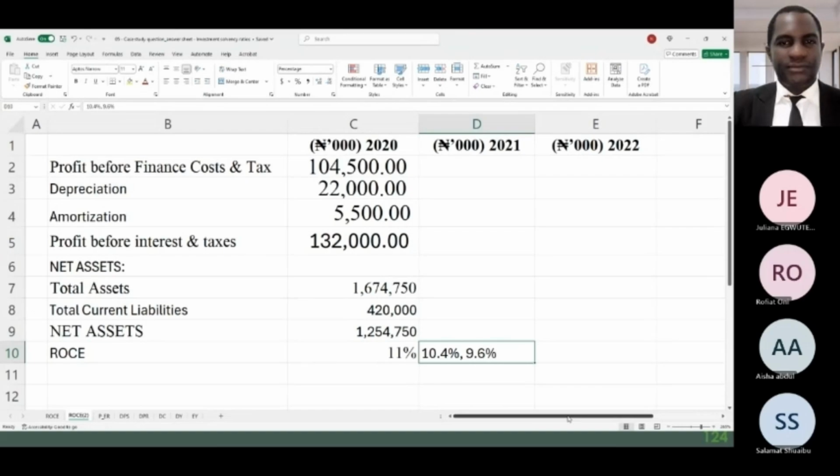Thank you, Julie. Thank you, Aisha. So we'll do 2022 on our own so that we can compare the 3 years. You know, the examiner loves that comparison. For the past 2-3 diets, he has been coming with 3 years. So let's be conversant with the 3 years financial statement it normally brings.